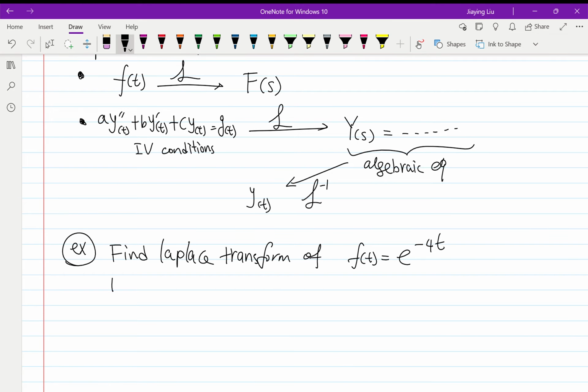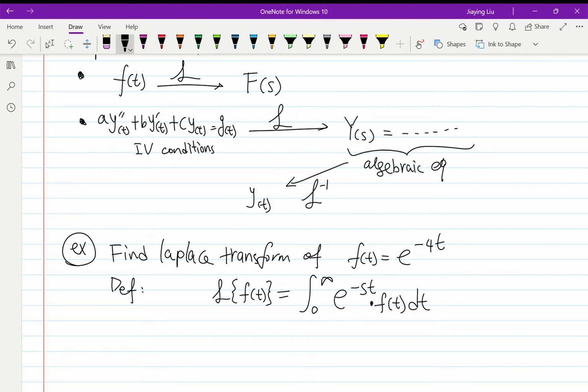So to work with the definition: when we take the Laplace transform of f of t, we apply this definition, which is the improper integral from 0 to infinity of e to the negative st times f of t dt.